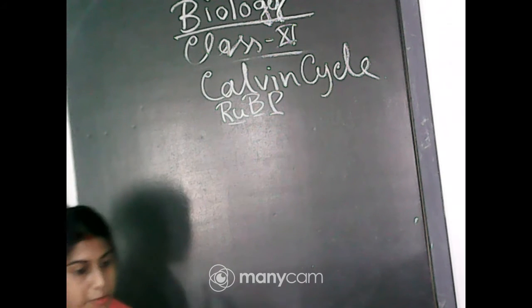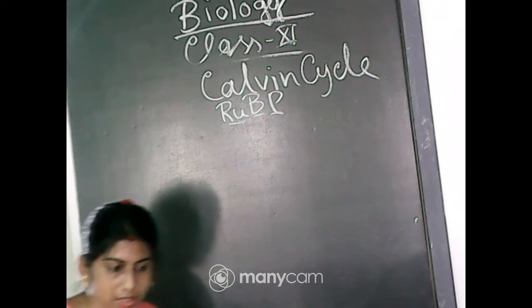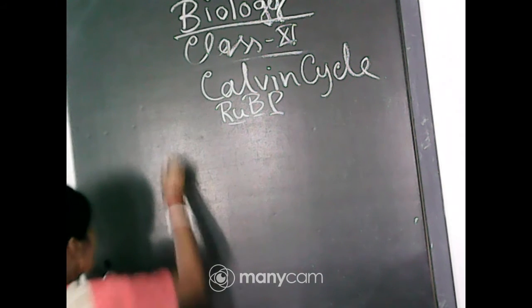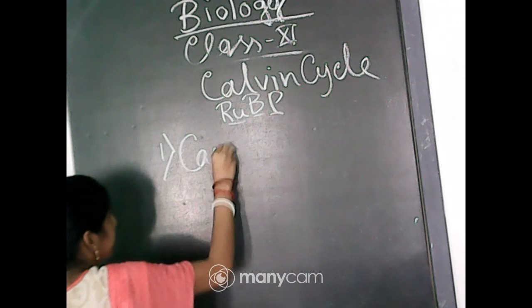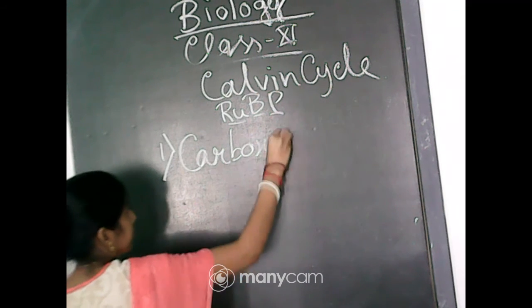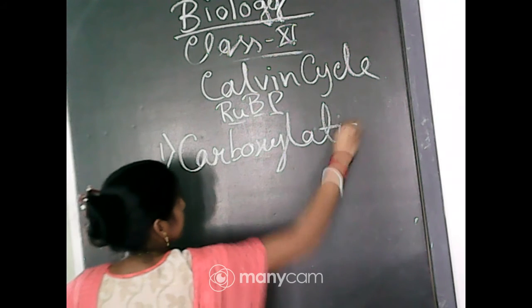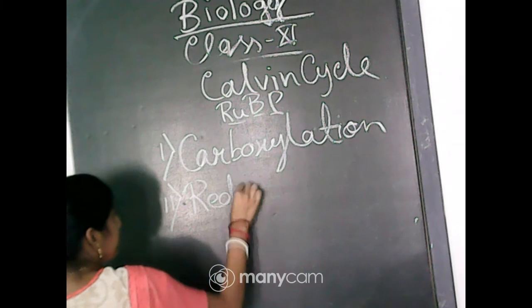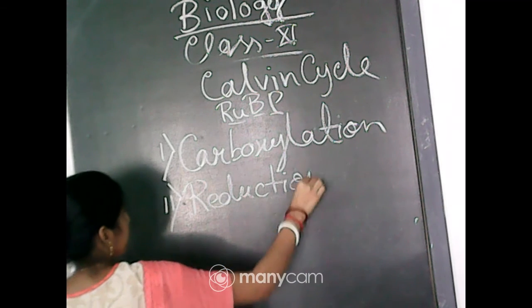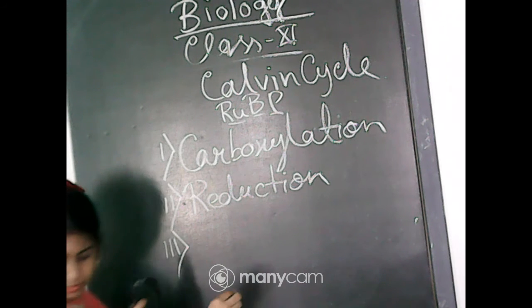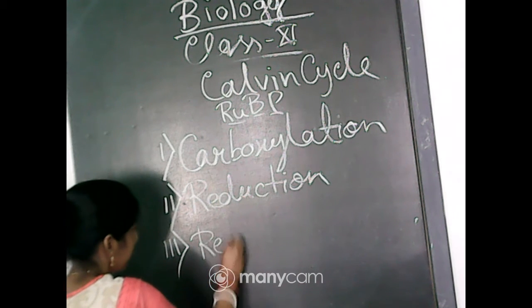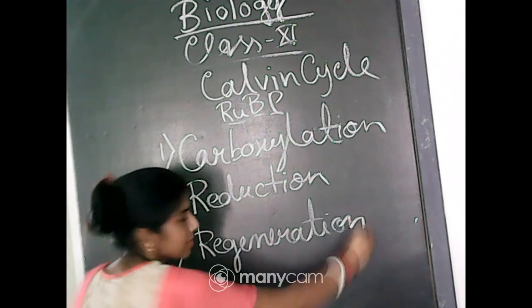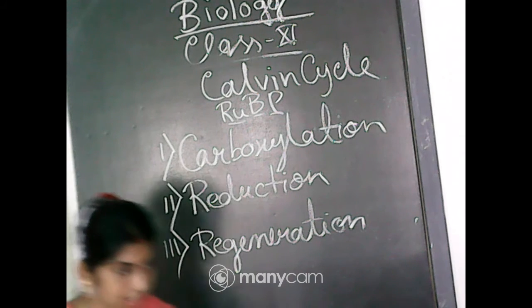we first have to know the steps present in it. So what are these steps? These are the main steps of the Calvin cycle.